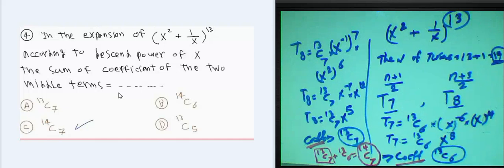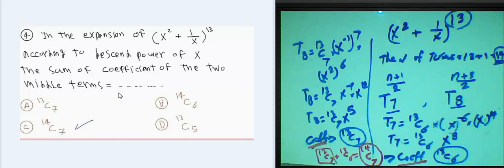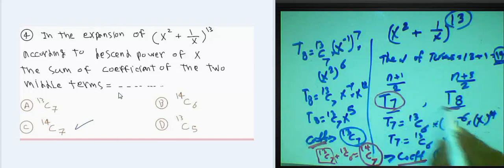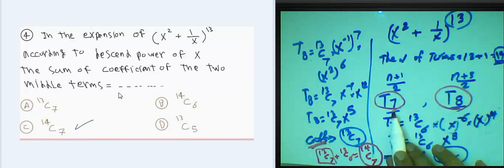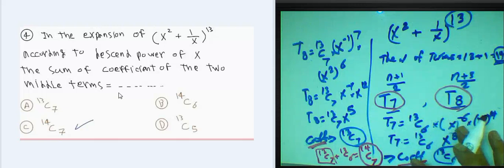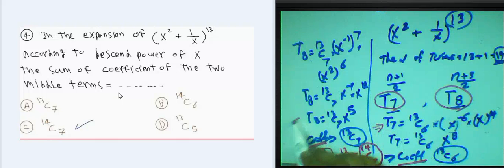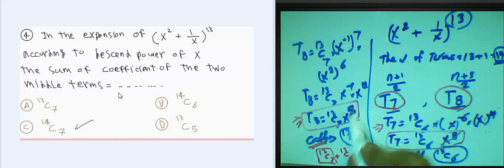Okay, because you want to find the sum of the two middle terms, we find the two terms in the middle: the 14 terms divided by 2 equals 7, and adding 1 gives 8. Then term 7 and term 8 are the middle. We have two middle terms, term 7 and term 8. You want to find the sum of the coefficients of the two middle terms. First we find term 7 and term 8 in the simplest form, put x equal 1, and add them.